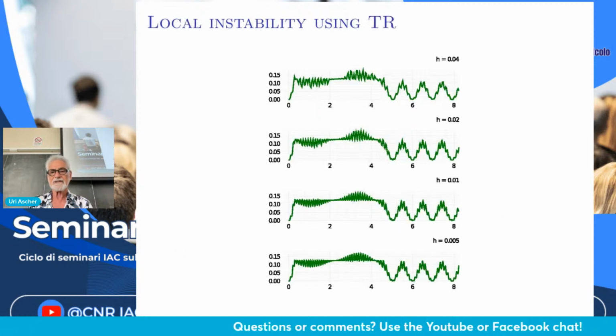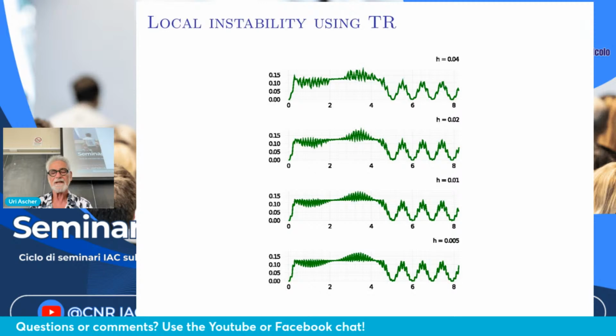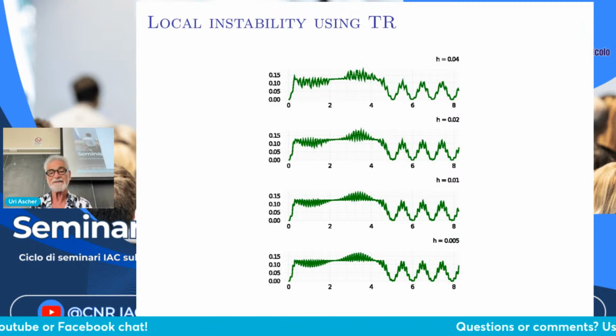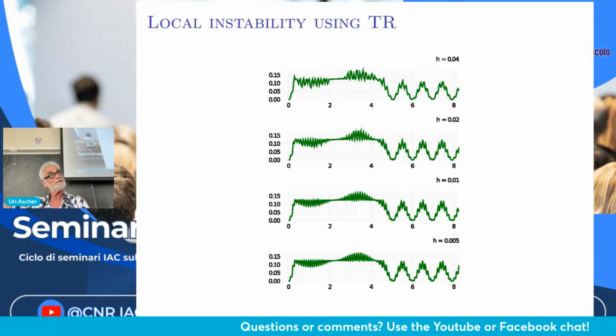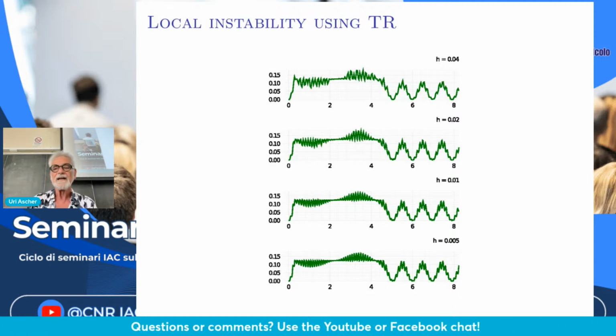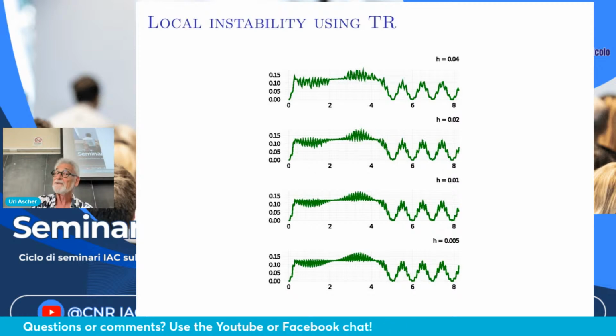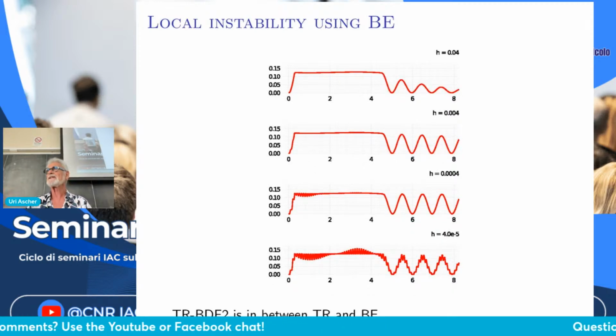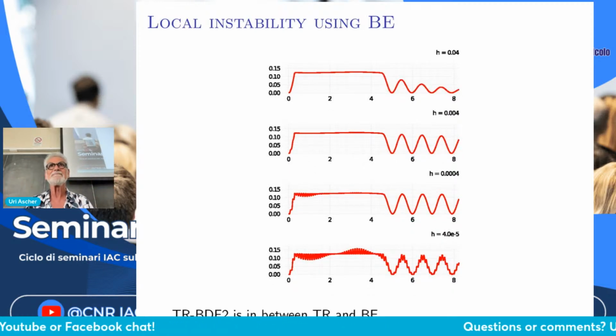Yeah. So here's the trapezoidal rule, and we take the step size smaller and smaller and smaller. And when we get it really small, you see, you still have these perturbations because of little instabilities. The instabilities are in the second derivative, not the first derivative. Whereas, once again, this backward Euler is the black slave method, yeah.